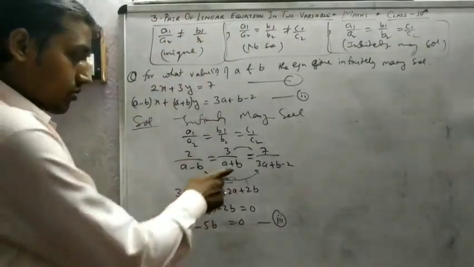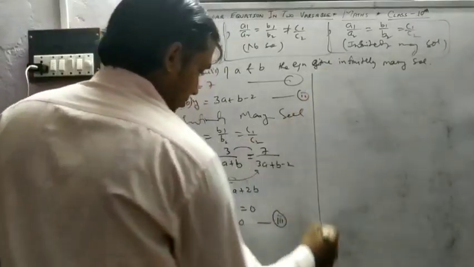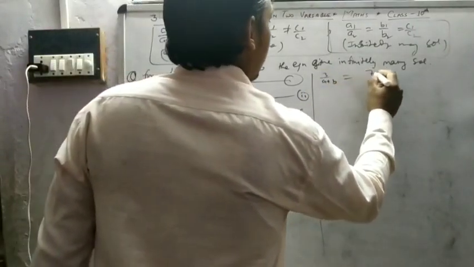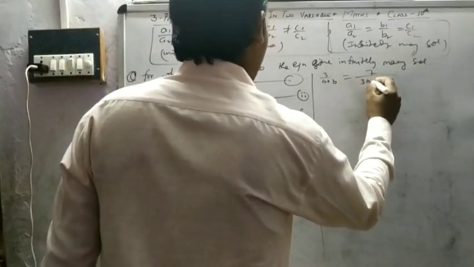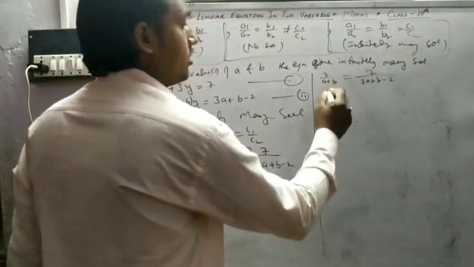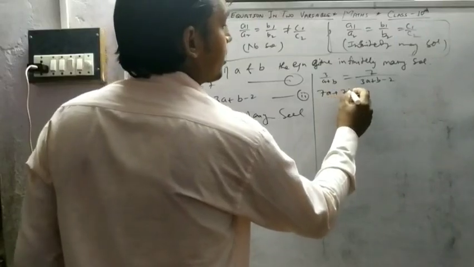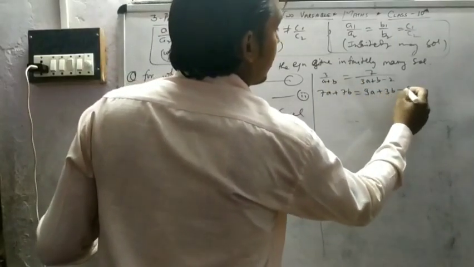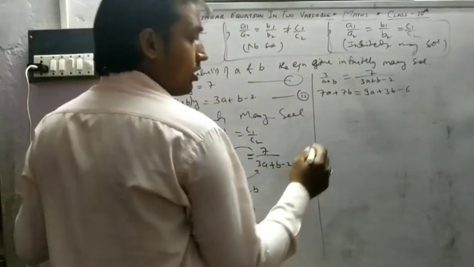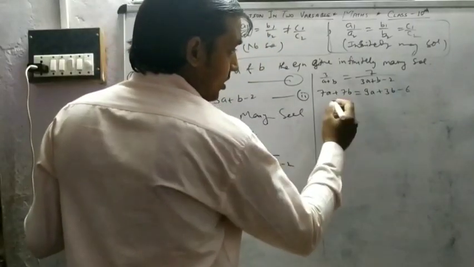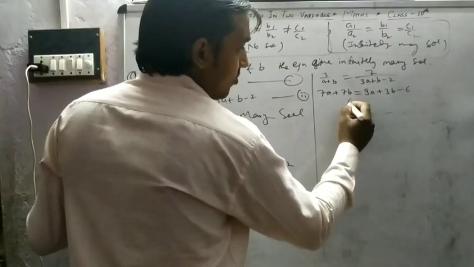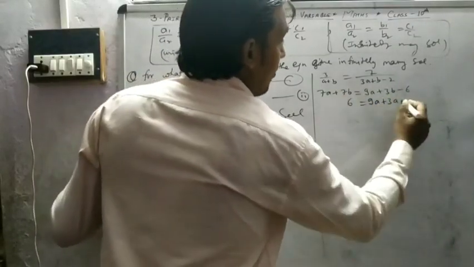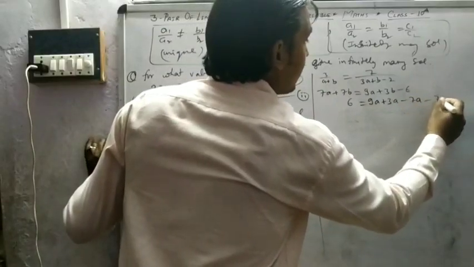Then we take second and third: 3a plus b, 7 upon 3a plus b minus 2, cross multiply: 7a plus 7b equals 9a plus 3b minus 6. Then send 6 here, minus 6 plus 6, 9a plus 3b minus 7a minus 7b.